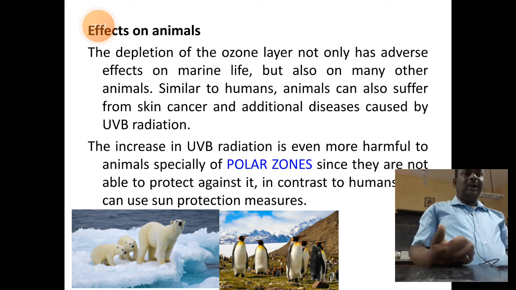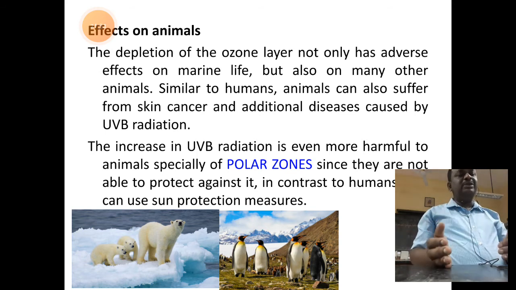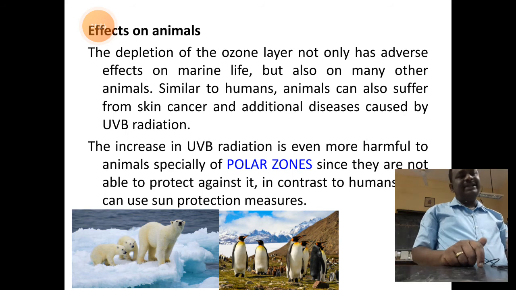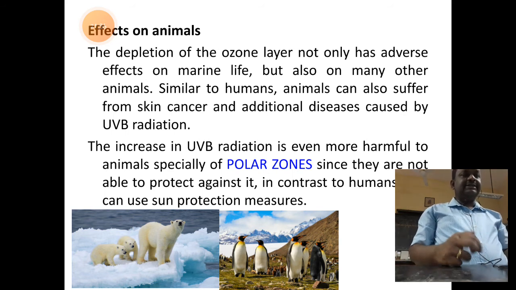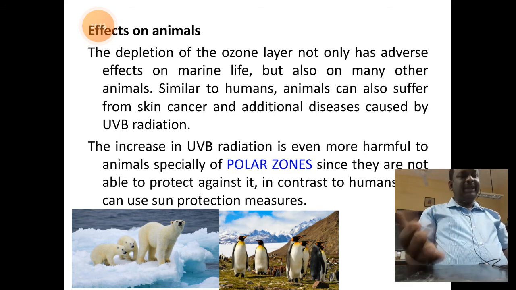Ozone layer depletion also affects the life of animals. Effects remain the same for all organisms, whether it is animals or human beings. For instance, when we find skin burns in human beings, we take protective measures immediately.